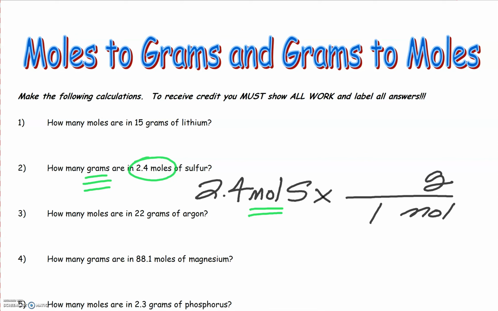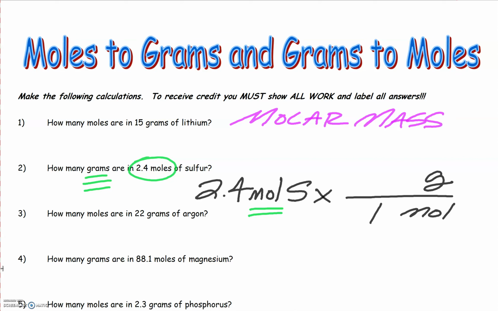And then the other unit, which is going to be the grams, that's going to come from the periodic table. So what you do is you're going to go to the periodic table, and you're going to be looking up the value that we call molar mass. And that's going to be from the periodic table.